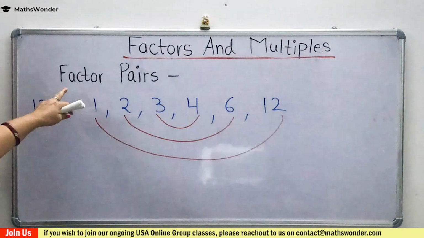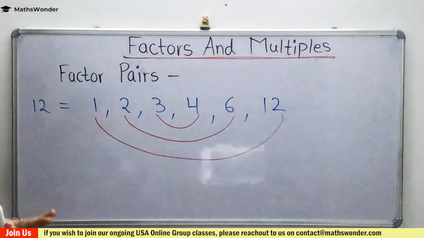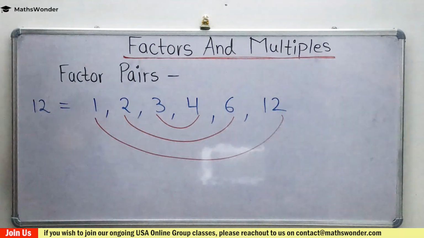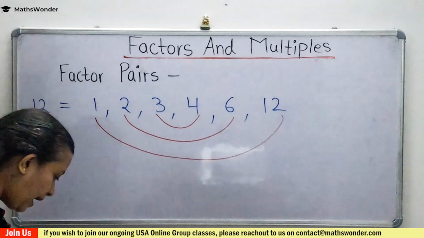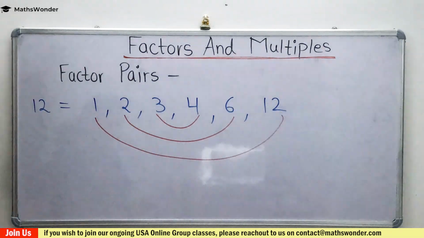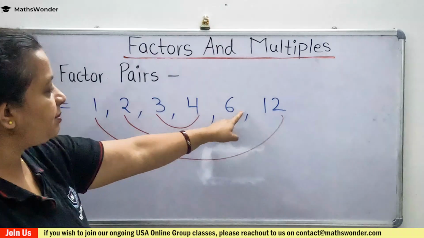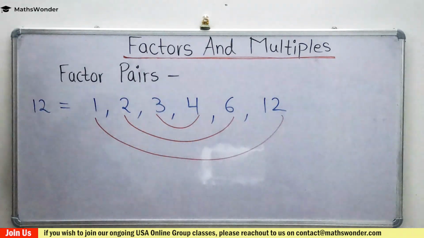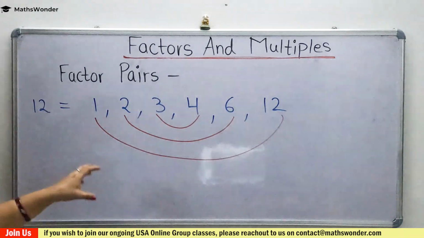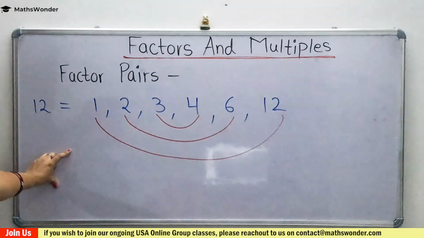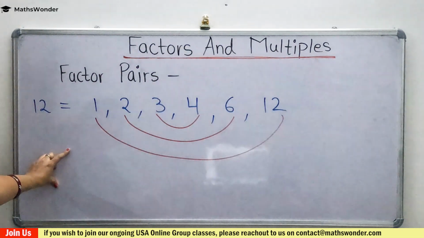So the next topic is factor pairs. Factor pairs means you make pairs of factors. 1, 2, 3, 4, 6 and 12 are the factors of 12. So how do you make a pair? 1 times 12 is 12, 2 times 6 is 12, 3 times 4 is 12. Notice that the product of each pair is 12. This pairing is useful because if you know one factor of a number, you can find the other.